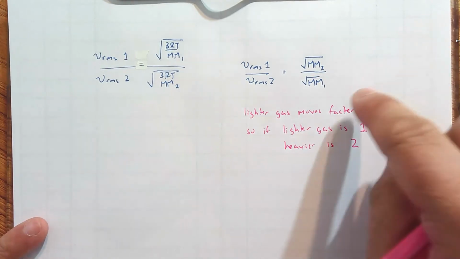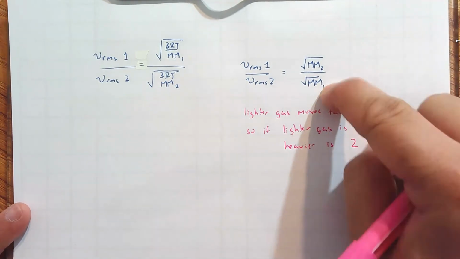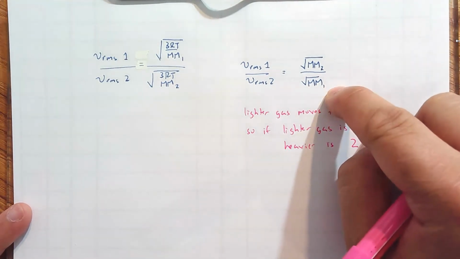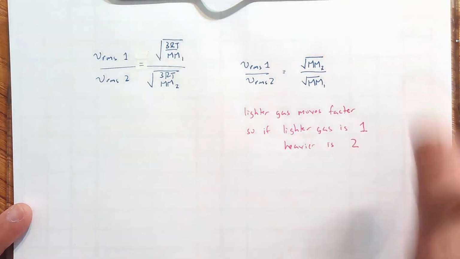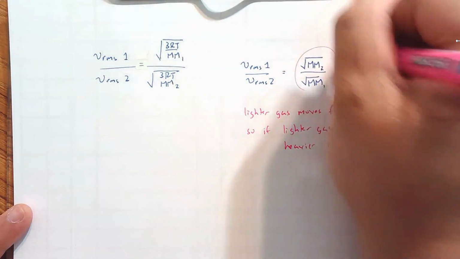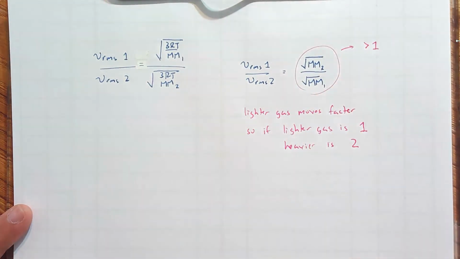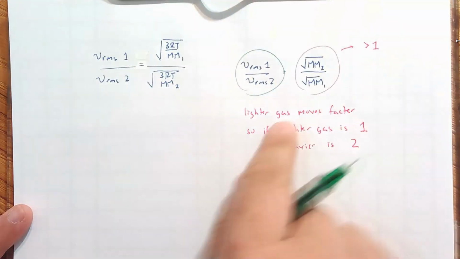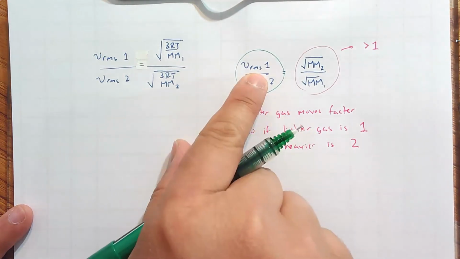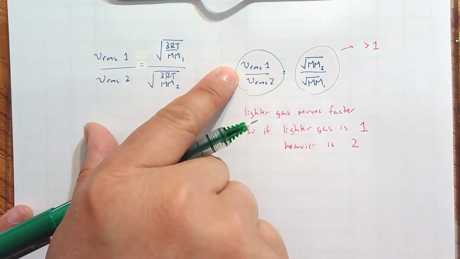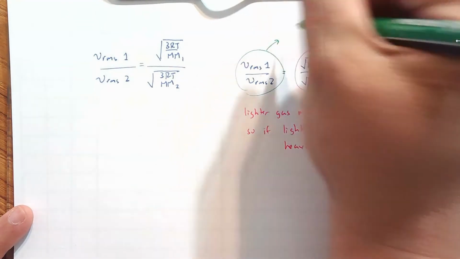Well, look, the square root of a smaller number is in the denominator. So this ratio right here is greater than 1. Because the lighter gas is moving faster, so it has a higher speed. This ratio is greater than 1.